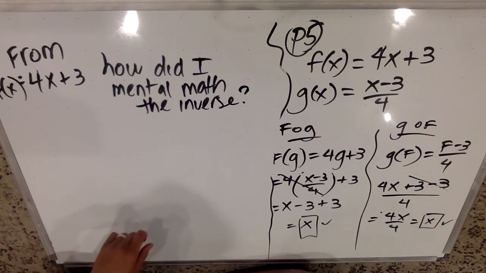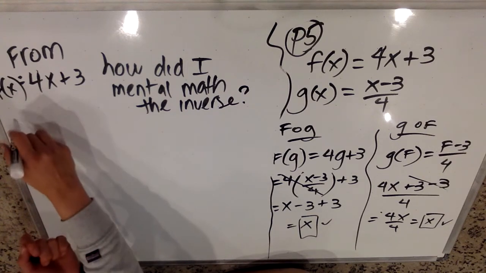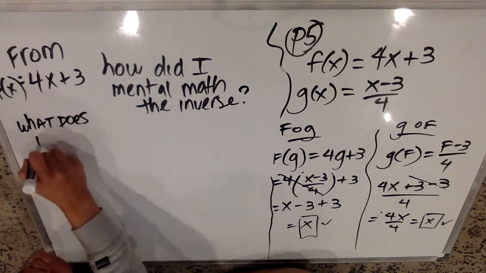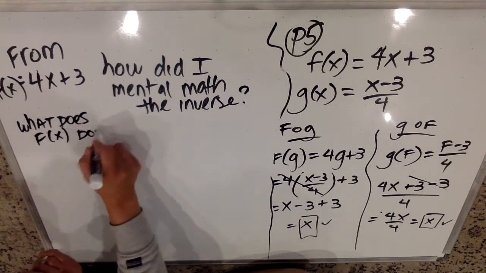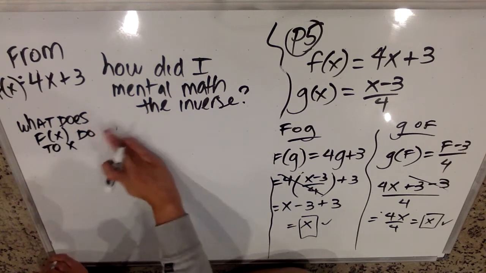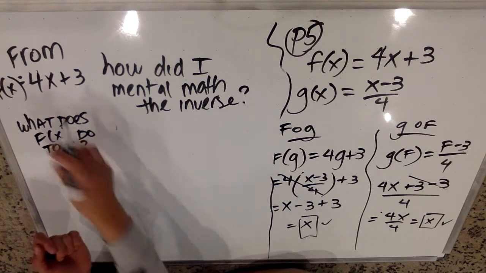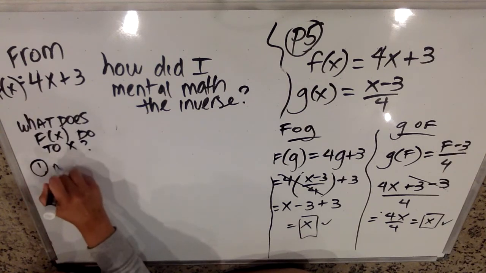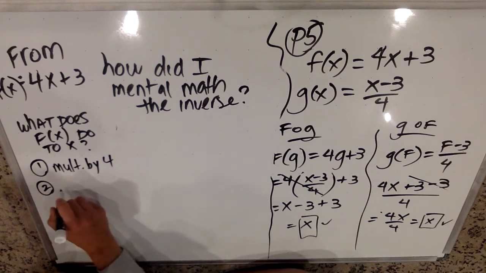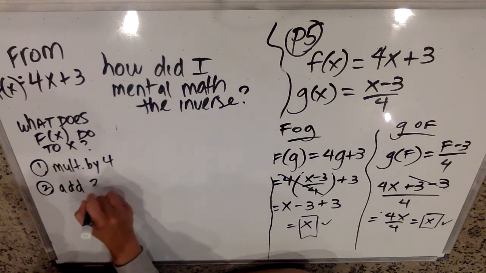So here's how I mental math the inverse. I say to myself, what does f of x do? So specifically to x, right? Like, what does it do to x in order, right? So the first thing that happens to x is it gets multiplied by 4. And the second thing that happens to x after you multiply by 4 is you add 3.